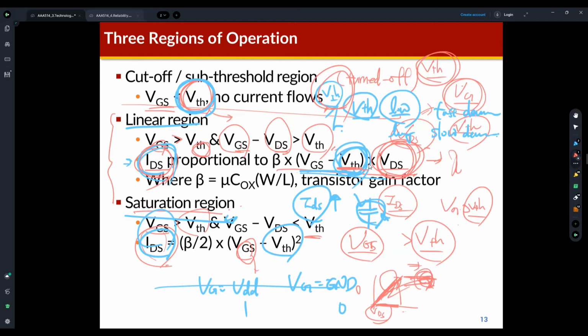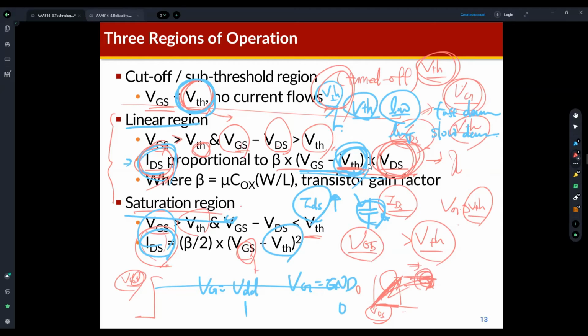If the gate voltage VG changes very quickly, then we just focus on the on and off of the transistors.